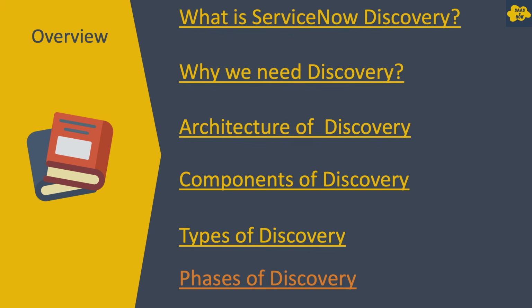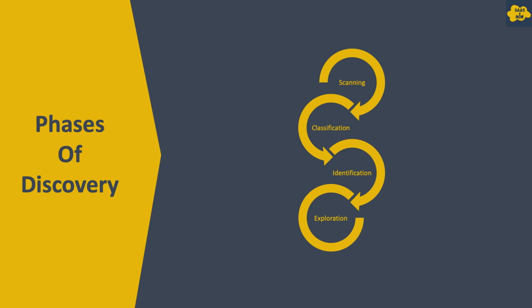The next topic of this section is phases of discovery. And the first phase of discovery is scanning, which scans for different devices. Next one is classification, which classifies what type of device is found.